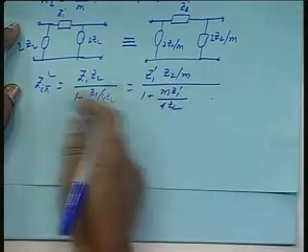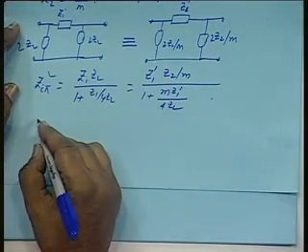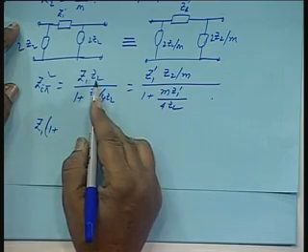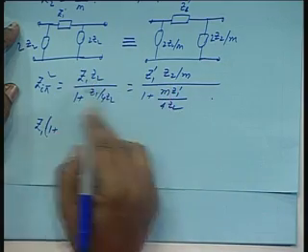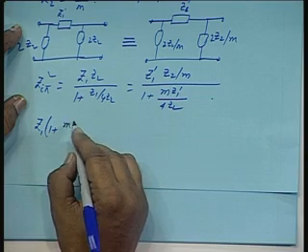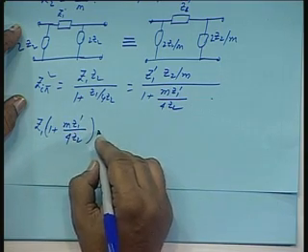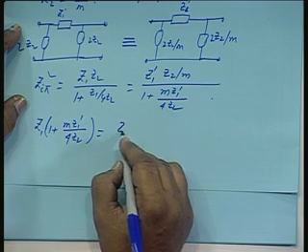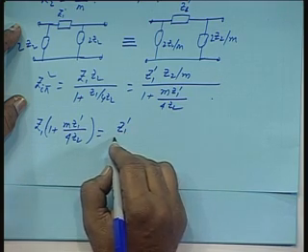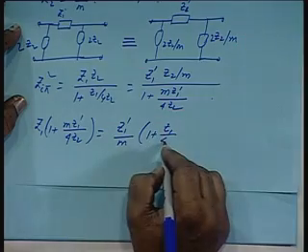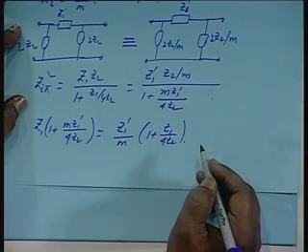If you cross multiply, Z will get cancelled. So, Z1 into 1 plus m Z1 dashed by 4 Z2 equal to Z1 dashed by m into 1 plus Z1 by 4 Z2.